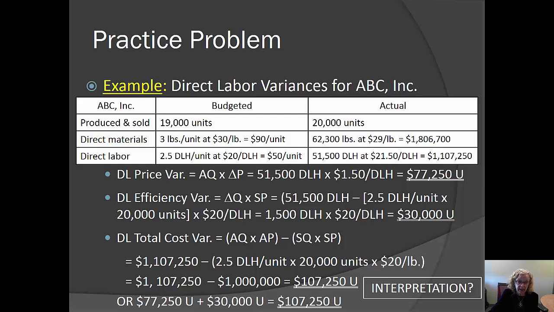That may relate to the unfavorable efficiency variance that we see for labor. If the firm bought substandard materials, it's possible that it took workers longer to produce our product because the material was not up to their standards.